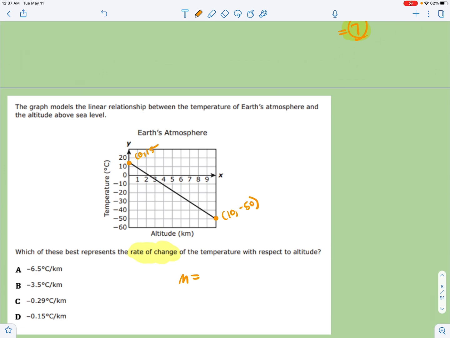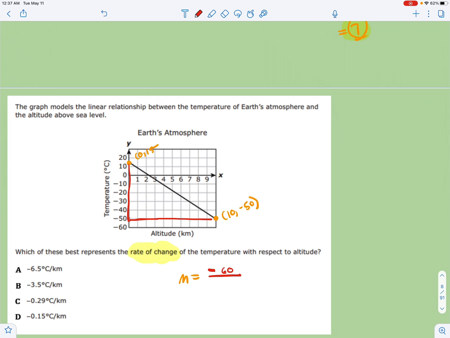So for the rate of change, we can do rise over run if we like that. Clearly we're going down here, so that's negative, because we're going down. And then we're going right, and that's positive. So how much do we go down by? Well, from 15 to negative 50, we went down 65.